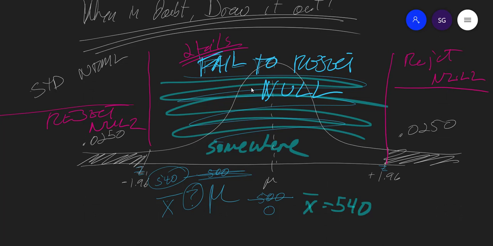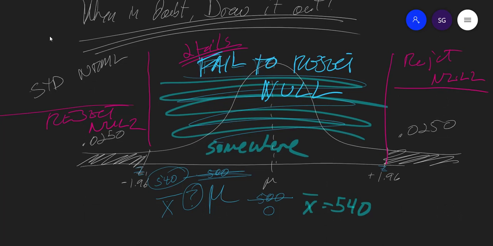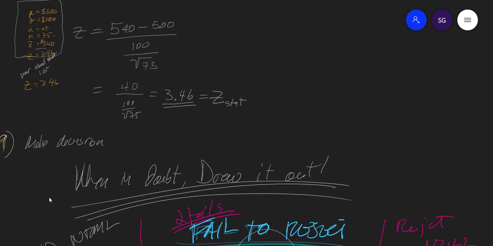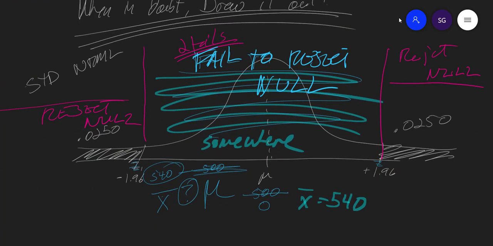Let's see where we actually are. Well, where are we? I don't know. Well, what is the calculation? What is my z? My z is 3.46, right? Note that we have calculated lower extreme, upper extreme, and my z is 3.46.